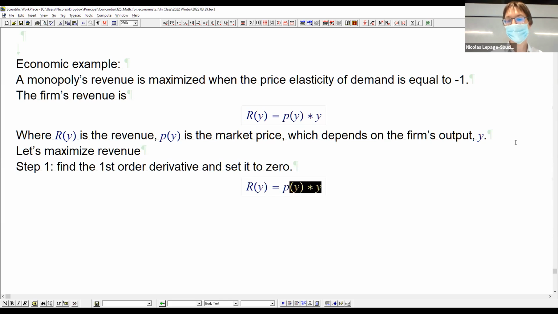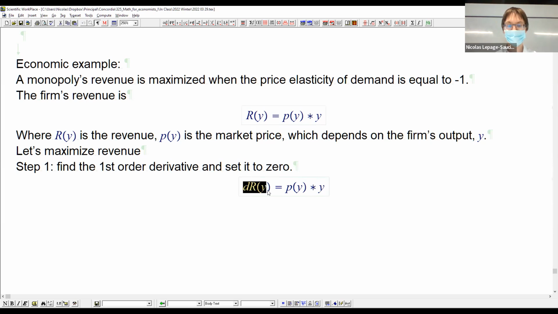Now I have a product. So you may remember that the rule for a product is that it's going to have two terms. It's the derivative of the first term times the second, plus the derivative of the second times the first.